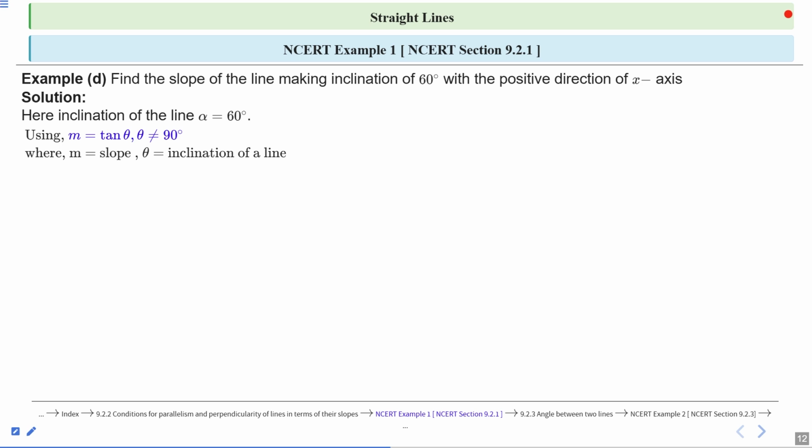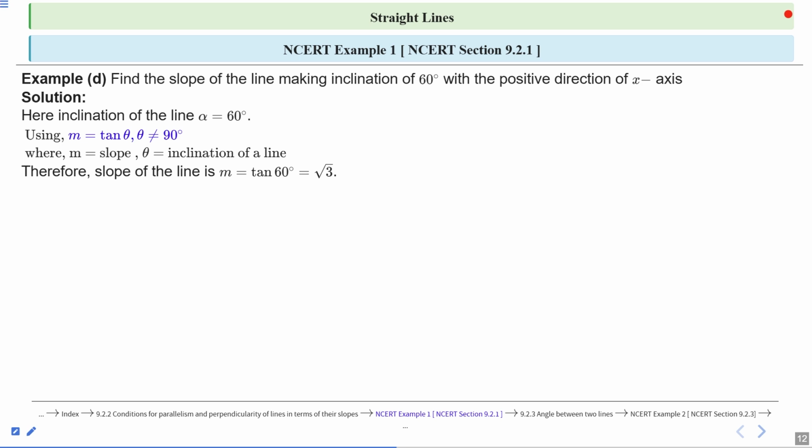Because if we take theta as 90 degrees, then tan 90 degrees is undefined. So when we use this formula m equal to tan theta, we always take theta not equal to 90 degrees. And what is m here, and what is theta here? Here m is the slope of the line, and theta is the inclination of the line.